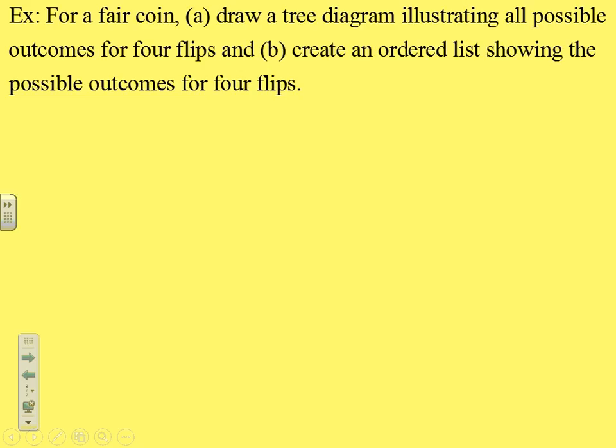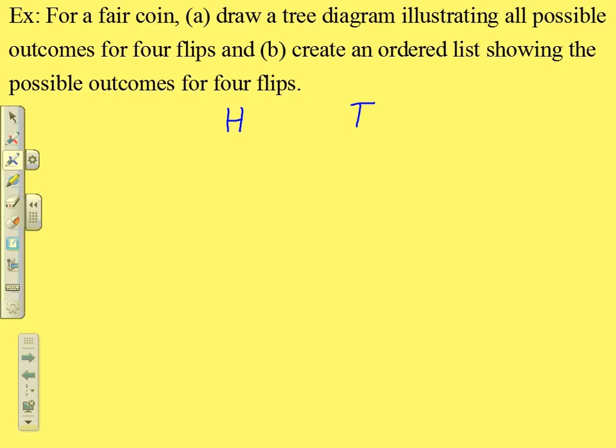So draw a tree diagram. I'm going to do my best to try and fit this on here in one go, and let's see if I'm going to have enough space. Let me move that in just a bit. If I flip a coin, we generally say we can have 2 outcomes.